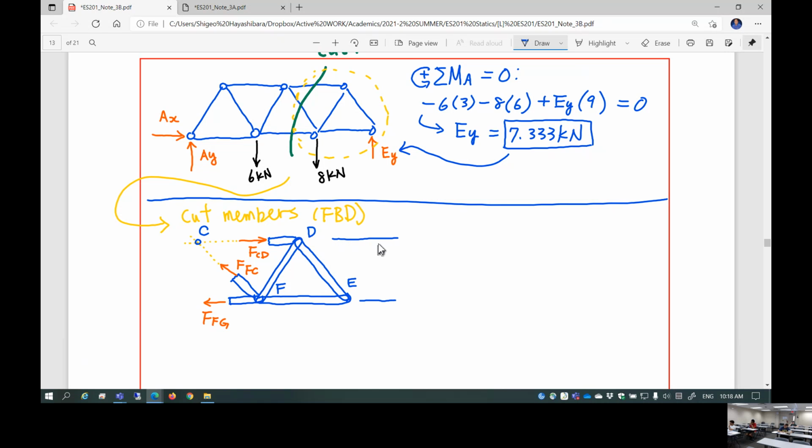So this height, I kind of desire to have this height. The reason is I want to apply the moment equation. So this height, what is it? This is 3 meters. What is this height?